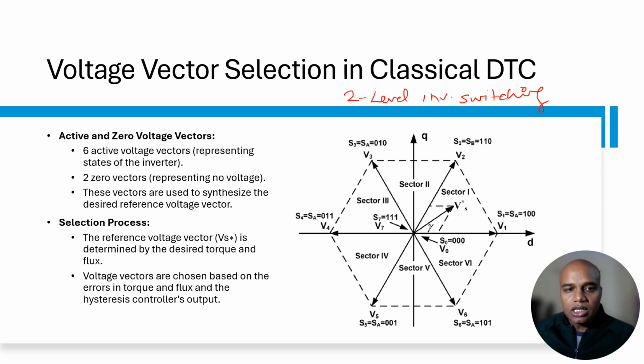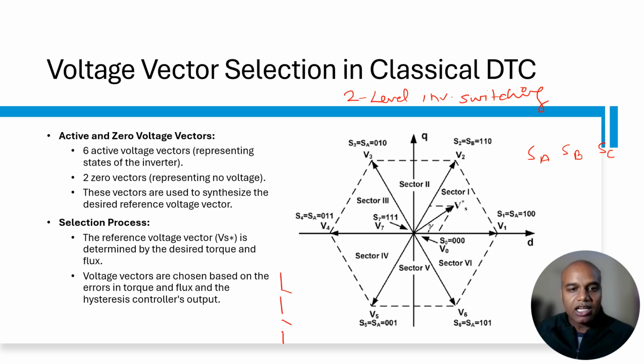Just to give you an idea, SA, SB, and SC are the three switches of my two-level inverter. So if I have an inverter, let's say these are the switches.